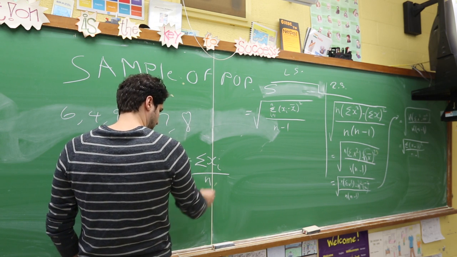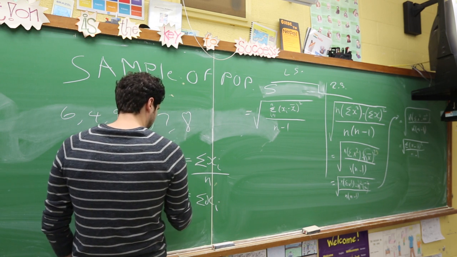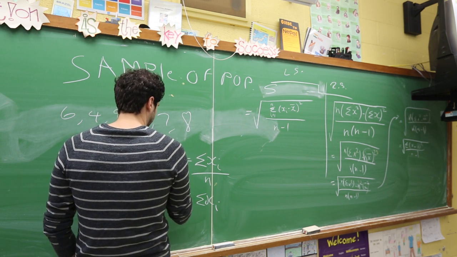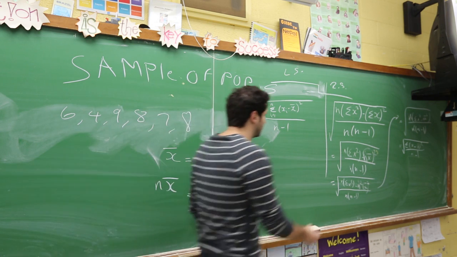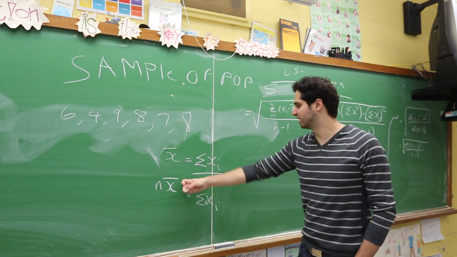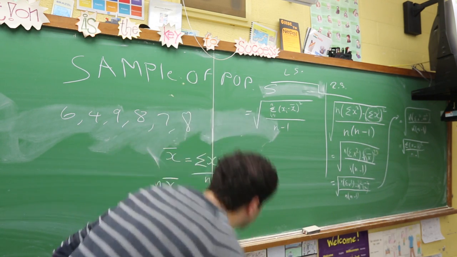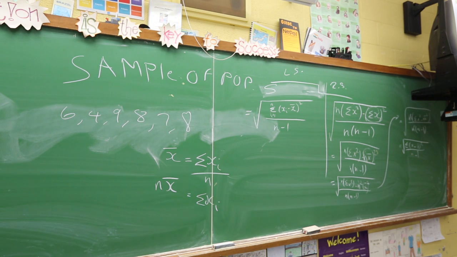So then he's multiplying both sides by that, and he's saying that the sum of data is equal to n times average. So he's replacing this with that over there. So that's his first move.